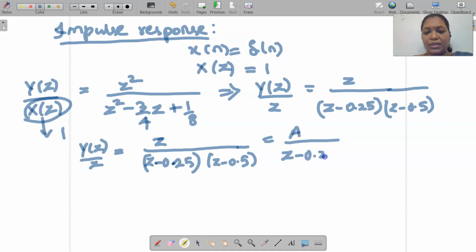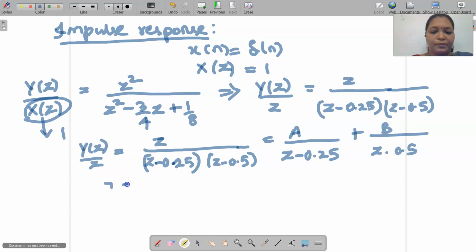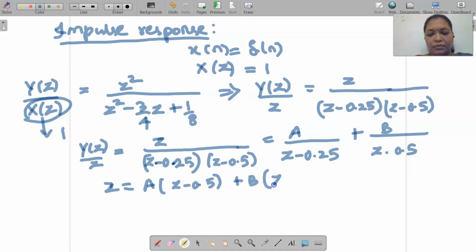A by z minus 0.25 plus B by z minus 0.5. So left hand side is z, equal to A into z minus 0.5 plus B into z minus 0.25. Substitute z equal to 0.5.